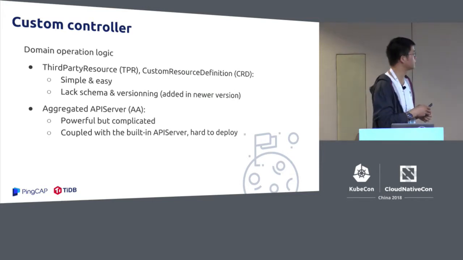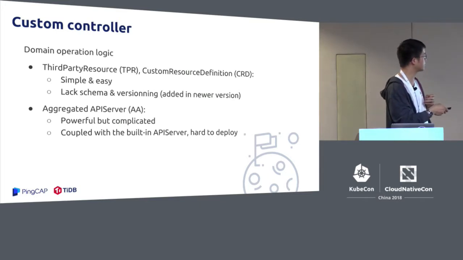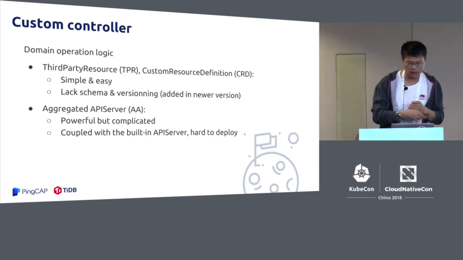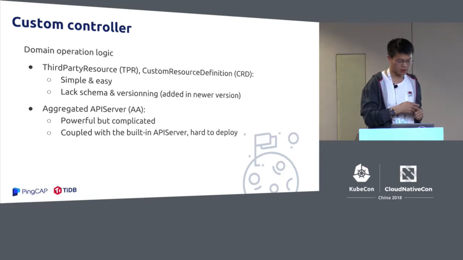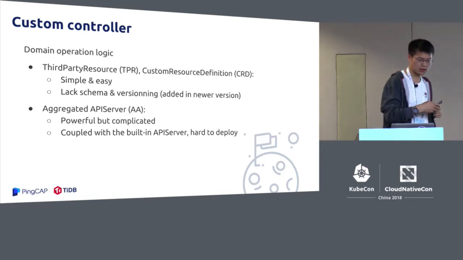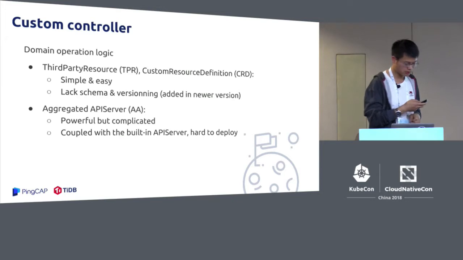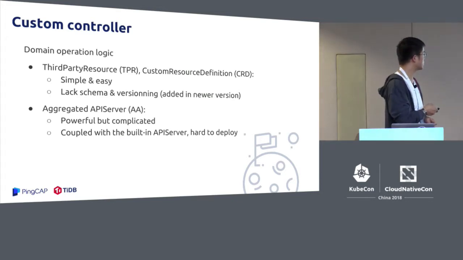And users can write the domain operation logic in the CRD controller. But at first, it lacked schema and versioning. Now versioning and schema have been added to the latest Kubernetes. There's also another extension called the aggregated API server.